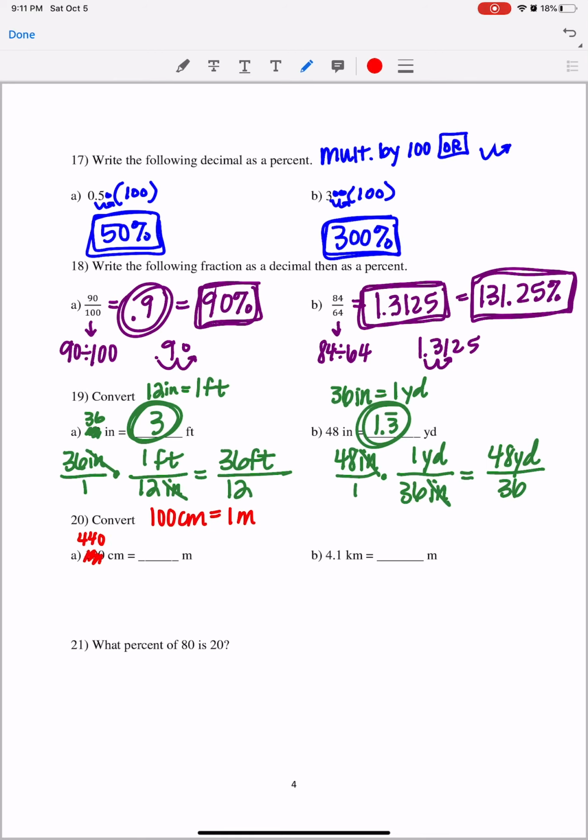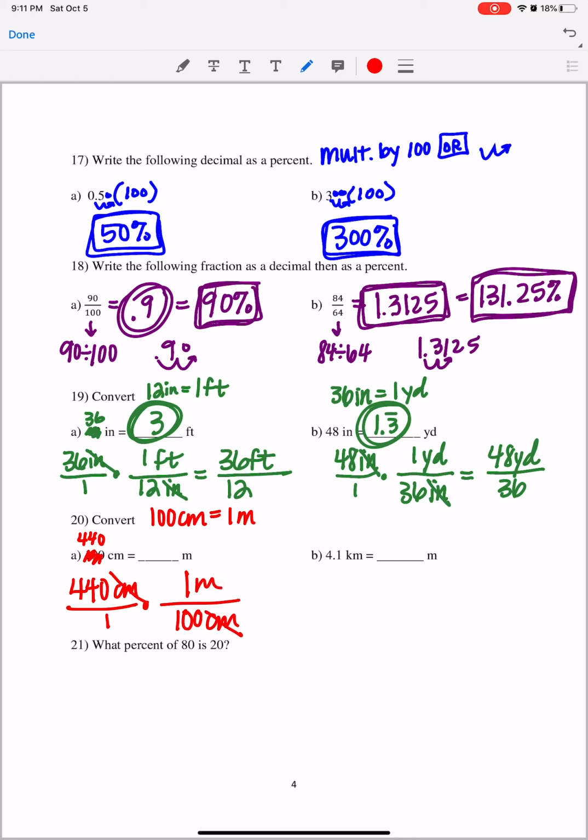And I'm going to end up erasing this because I don't like these as much with this one, but we get 440 centimeters, make that over 1 if you'd like to, times, because I have centimeters on top, we want centimeters on bottom. So I have 100 centimeters down here, which means 1 meter on the top.